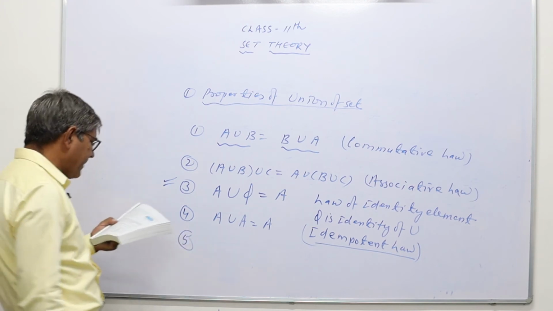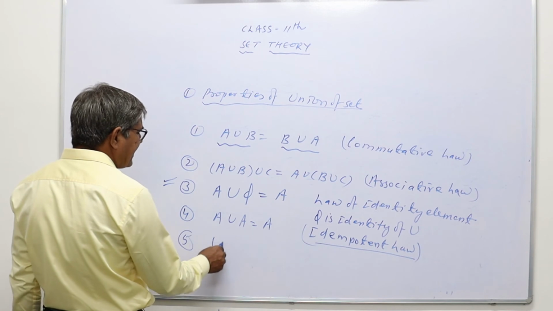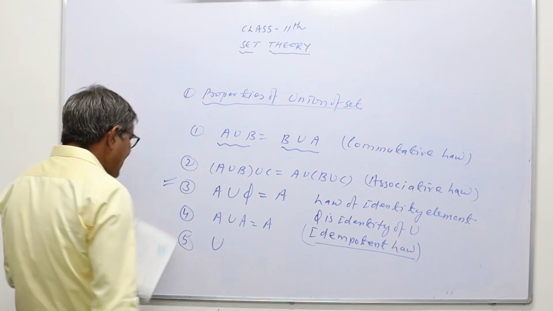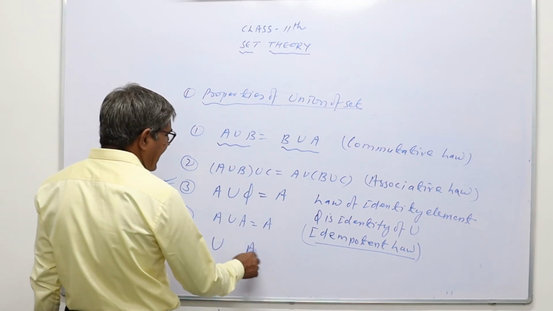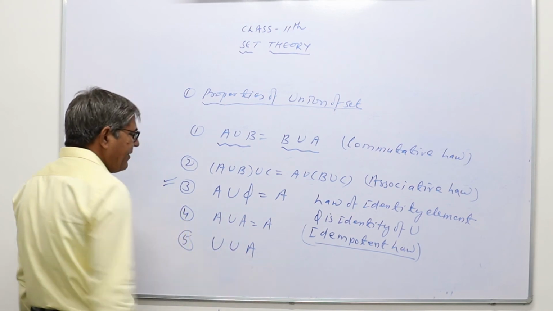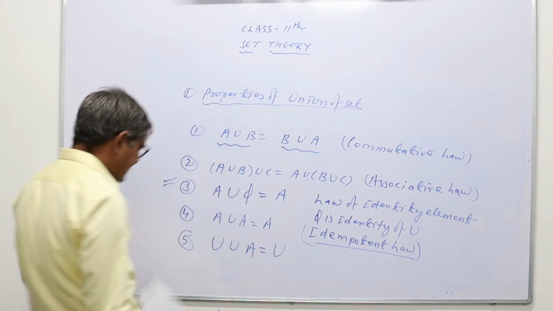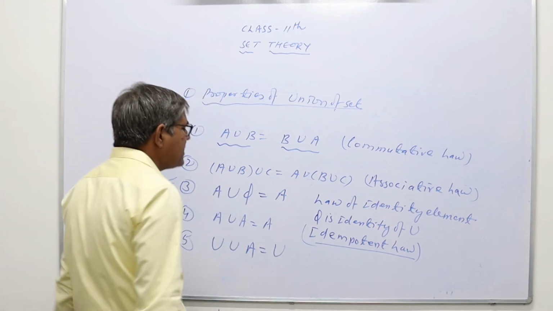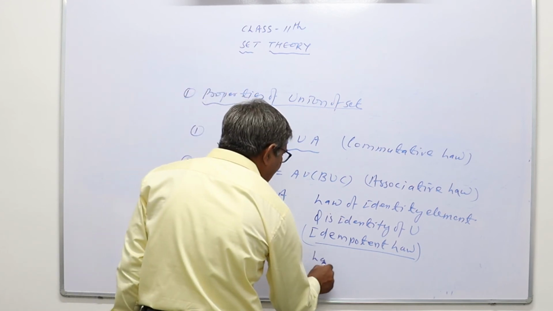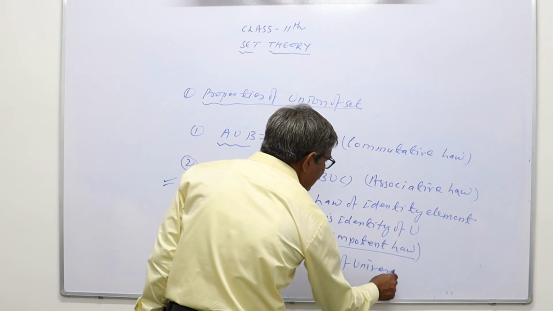Then the last property, property number 5. If we have a universal set U and a given set A, then the union of the universal set and the given set will always be equal to the universal set. This is known as the law of universal.